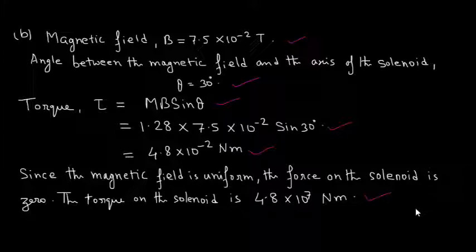Let us see the next problem. Now, problem number 5.9. A circular coil of 16 turns and radius 10 cm carrying a current of 0.75 ampere rests with its plane normal to an external field of magnitude 5 multiplied by 10 to the power minus 2 Tesla.